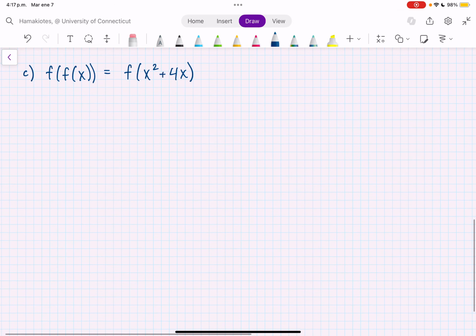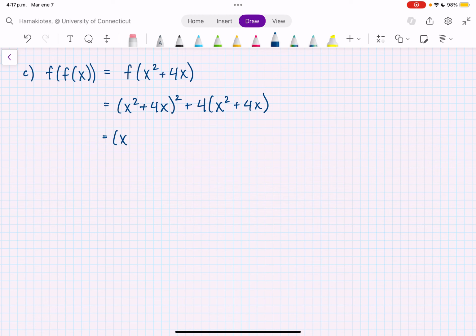So this becomes (x squared plus 4x) squared plus 4 times (x squared plus 4x). So it's a little confusing, but if you're keeping track of the functions you're plugging into each other, it's not so bad. So now we have x squared plus 4x times itself, and we want to distribute this. Then 4 times (x squared plus 4x) is 4x squared plus 16x.